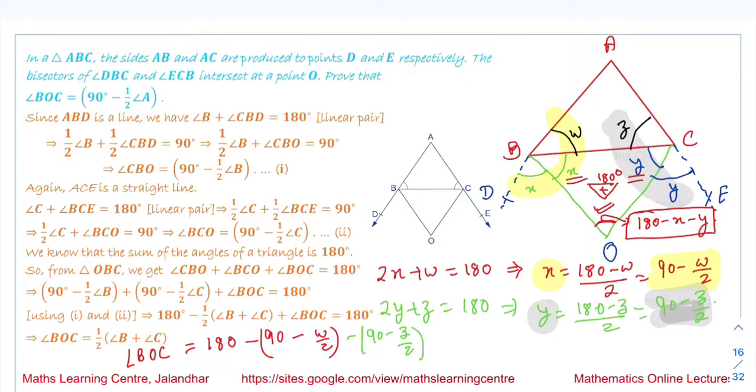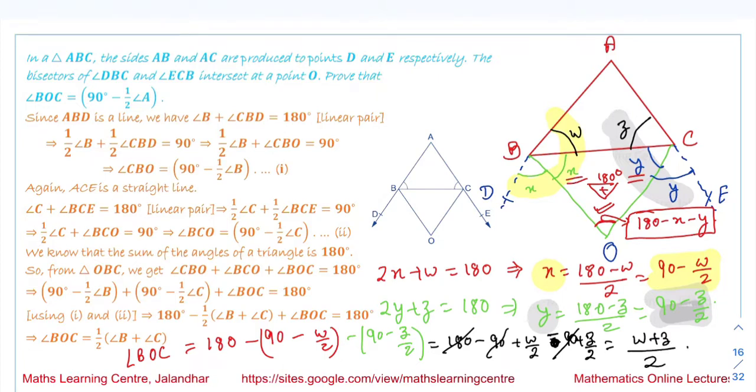So the final answer I will get is 180 minus 90 plus W by 2 minus 90 plus z by 2. So this 90 and 180 get cancelled, and what we are left with is (W plus z) by 2.